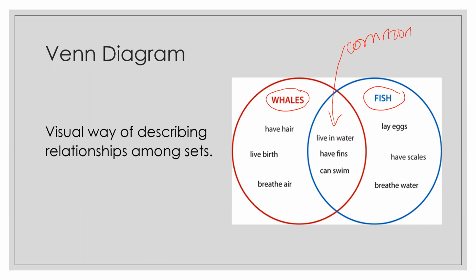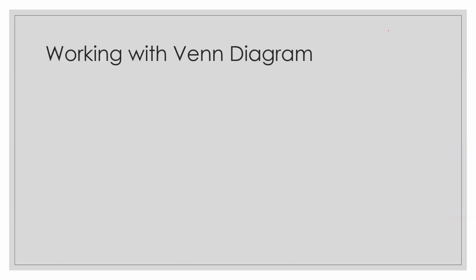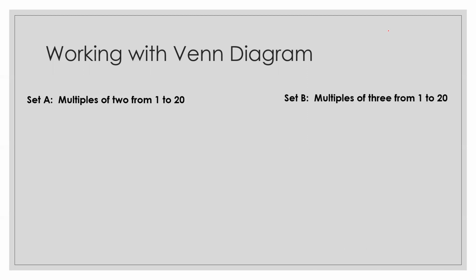Now let's start working with Venn diagrams. Suppose you have set A defined as multiples of 2 from 1 to 20, and set B are multiples of 3 from 1 to 20. Let's visualize those sets.